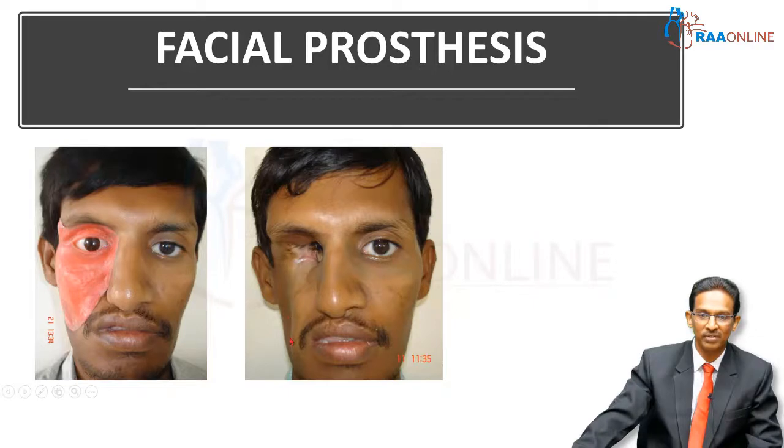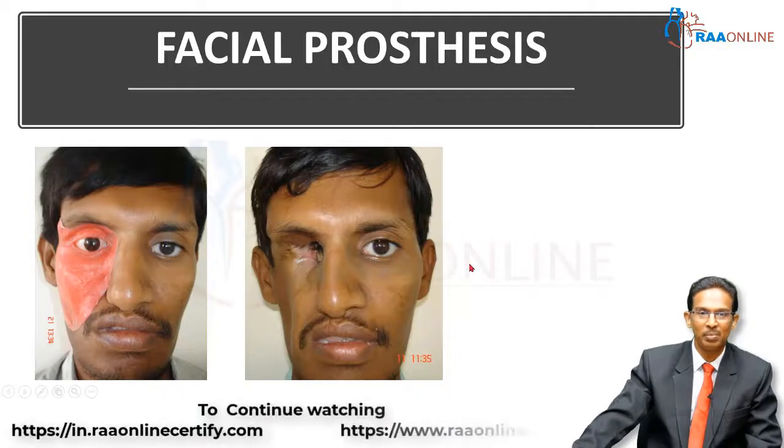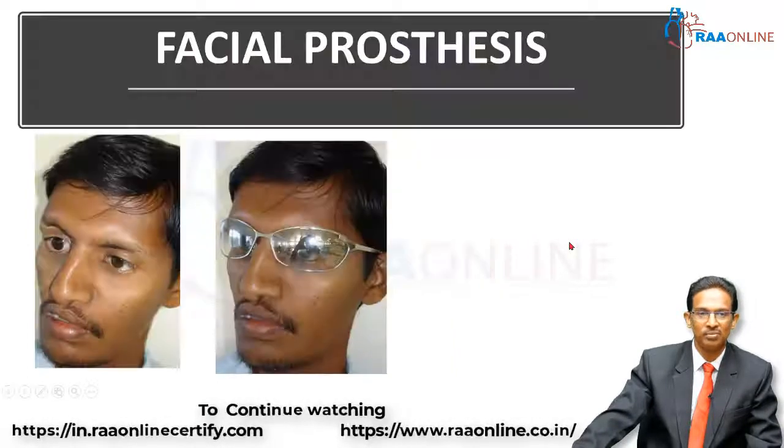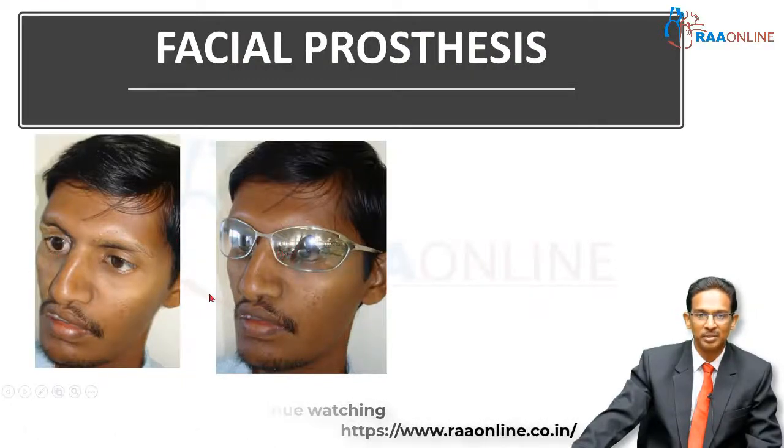There is a lot of defect because bone has been removed, so we have to do the prosthetic reconstruction of almost half of the face. So we have fabricated the facial prosthesis. This is a facial prosthesis. Just have a look. This is adhesive retained and spectacle retained.